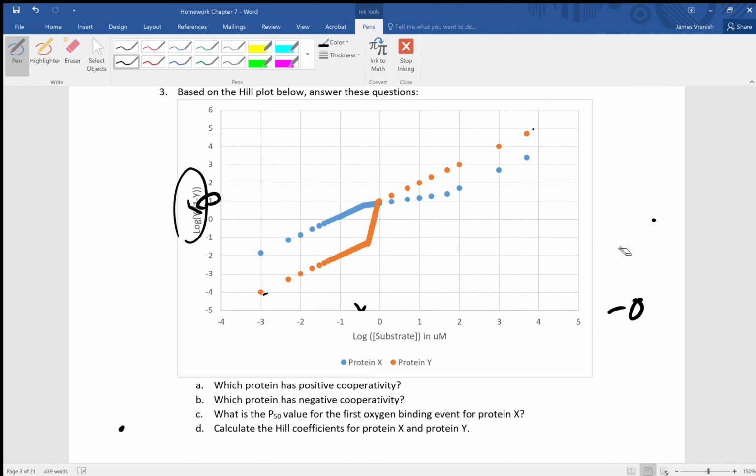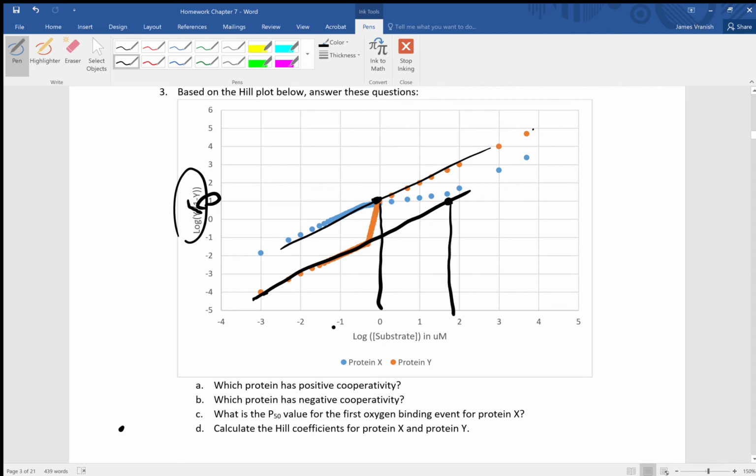We're going to take those regions where the slope is 1 and extrapolate them like so. And we're going to find the region where they cross the value of 1 on the y-axis, where Y over 1 minus Y is equal to 1. Then we'll draw a line straight down, and then again straight down from here.